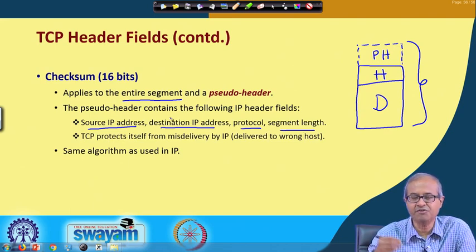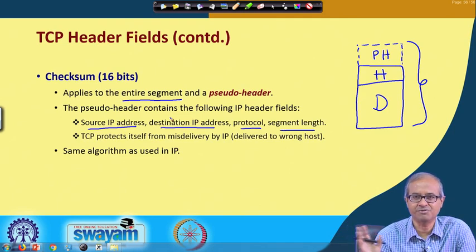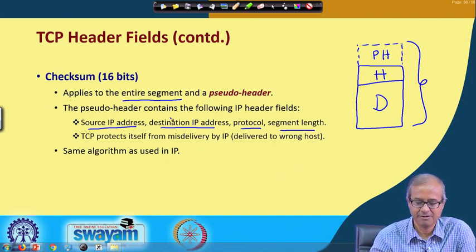Because this information is also important, so that TCP can verify whether the message that has come is actually coming to the right IP address or not. So, just for an additional level of checking, this pseudo header is maintained. And for computing the checksum, it is the same ones complement: just add up and then take the ones complement of the result. The same algorithm as is used for the IP checksum is used here also.